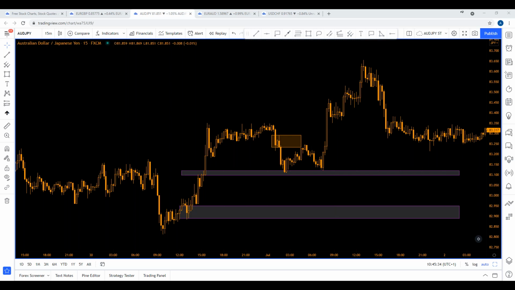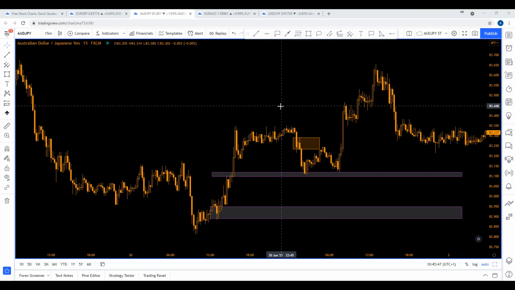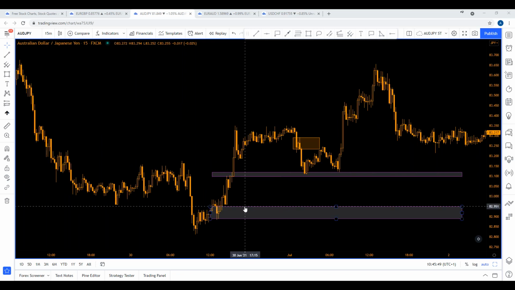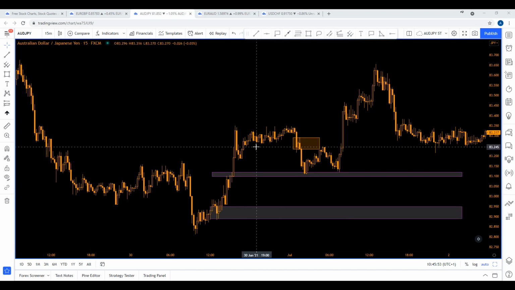We have another question. Is the zone you marked called zone resistance become support? Which one are we talking about there? There's no support or resistance on these charts here. So no, the answer to that question is no, because there's no support and resistance.